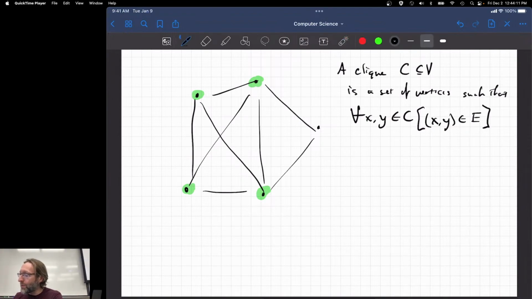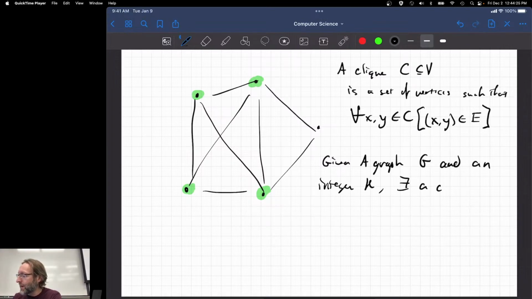The CLIQUE problem is: given a graph G and an integer k, does there exist a clique of size k? That's the decision version of the problem. Now remember that k can run from 1 up to the size of the vertex set.